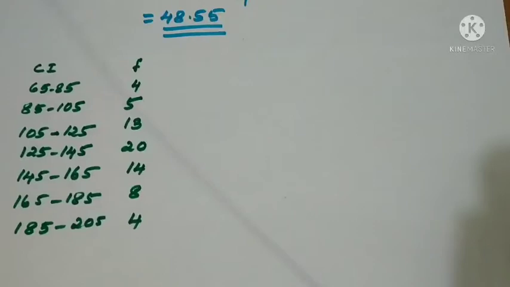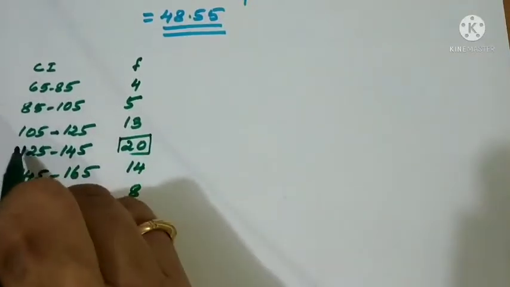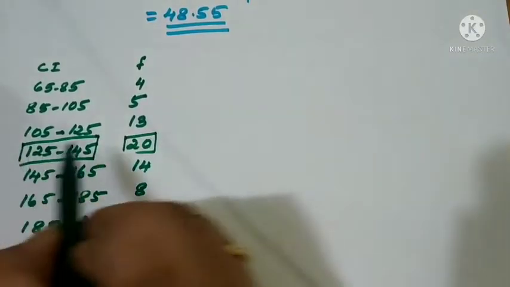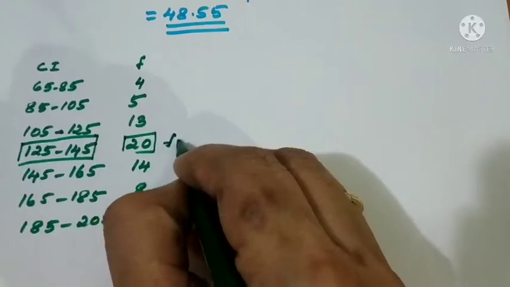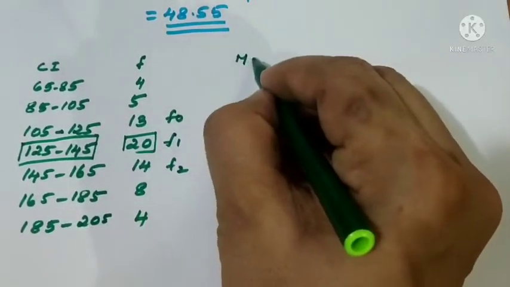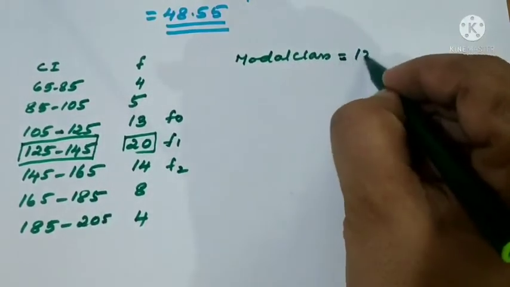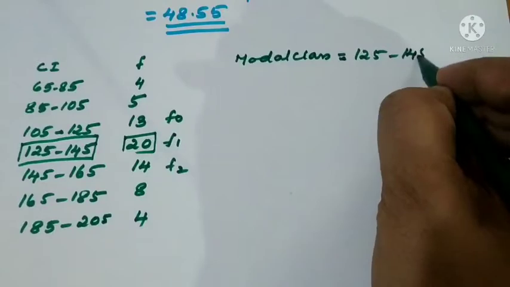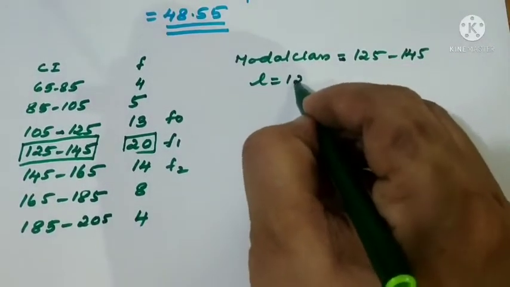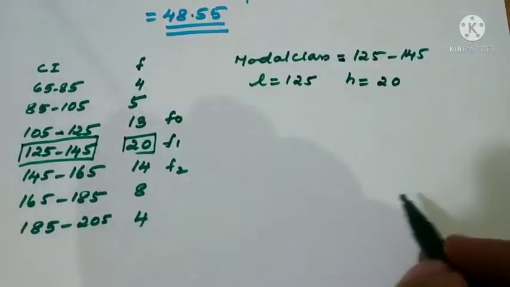But if we go for the real formula, what is the difference? Let us see. Here the maximum frequency is 20 only, so the modal class is 125 to 145. So this is f1, here f0, f2, then modal class is equal to 125 to 145, then L equal to 125, h is equal to 20 only. So the remaining everything we have marked.